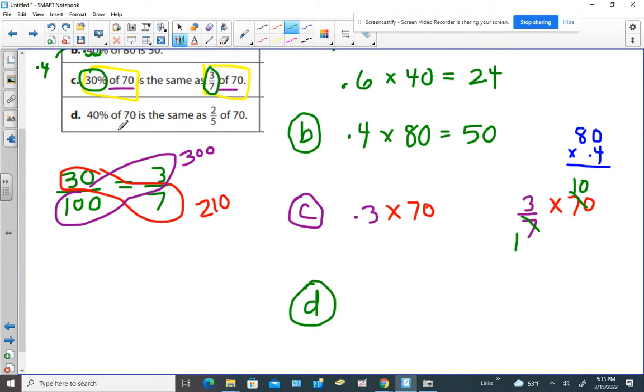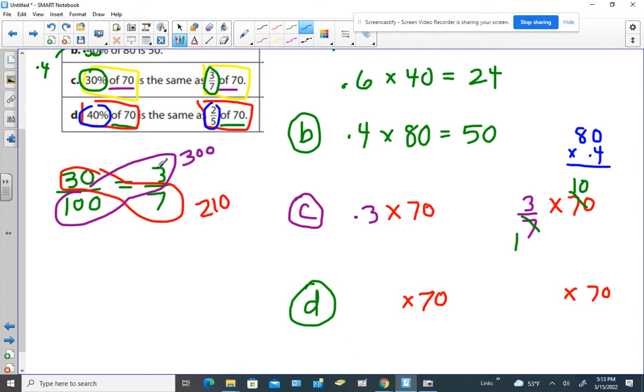Choice D is kind of the same idea because they both have that of 70, which still implies that you're going to be multiplying times 70 for this and for this. So I'll put that over here as well. Now, really, what are we trying to figure out? You're determining whether or not this and this are equal to each other, because if they are, then what's in this red box and what's in this red box would be equivalent to each other.